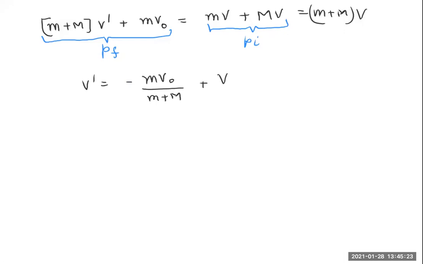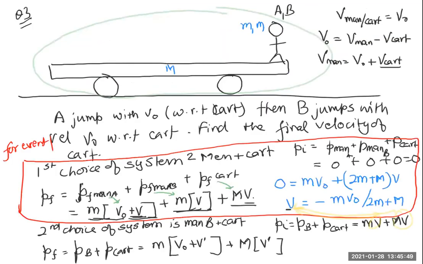ये क्या किया मैंने? ये मैंने m v naught को इधर कर दिया तो माइनस m v naught हो गया, और M प्लस m से दोनों साइड डिवाइड कर दिया तो M प्लस m यहाँ कैंसिल हो गया और m v naught के नीचे v dash is equal to minus m v naught upon (M plus m) plus v, और v की वैल्यू हम ऑलरेडी निकाल चुके हैं, ये रही v की वैल्यू.